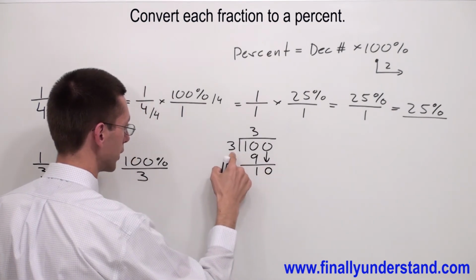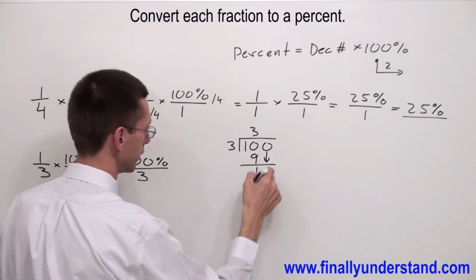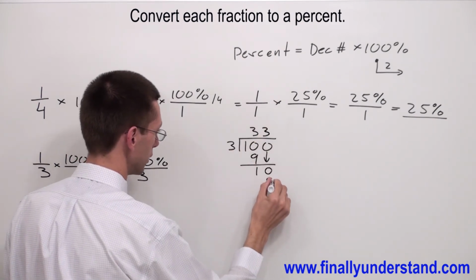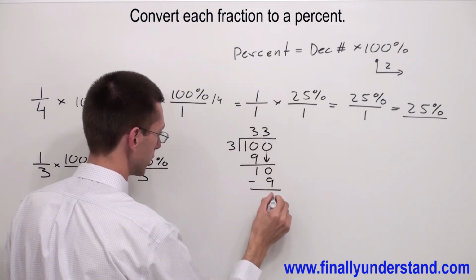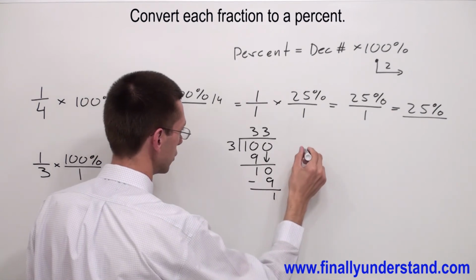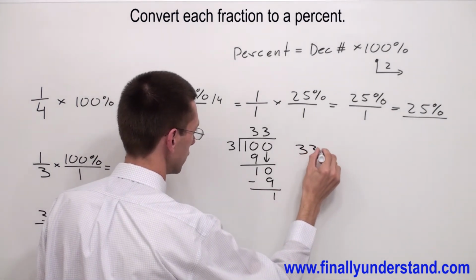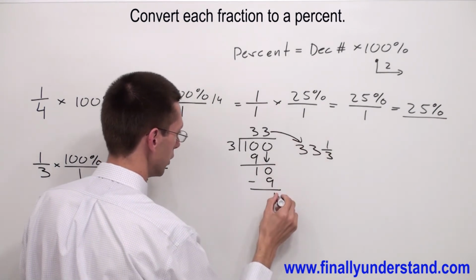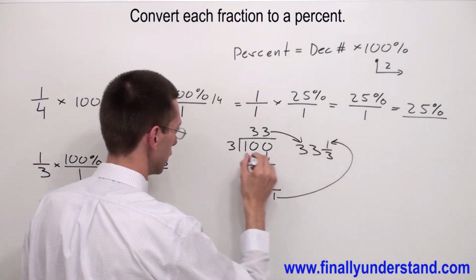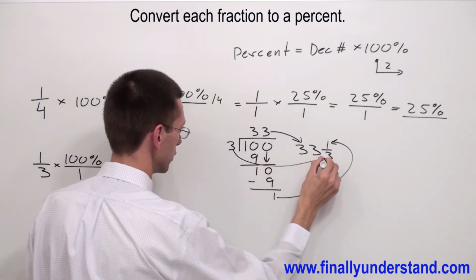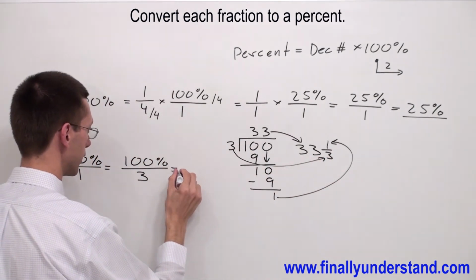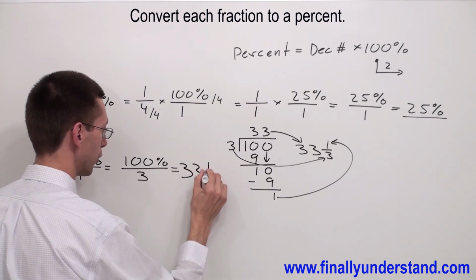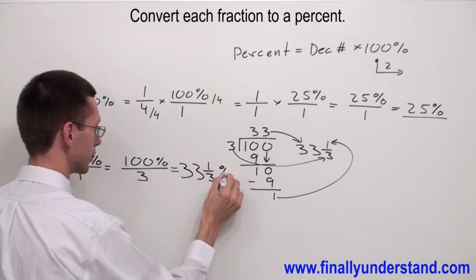How many times 3 goes into 10? 3 times. 3 times 3 gives me 9. Subtract, I have 1. Okay, my solution is 33 and 1/3. Remember, the top number goes to the front, remainder goes to the numerator, and the divisor goes to the denominator. That's why the answer to my problem is 33 and 1/3%.